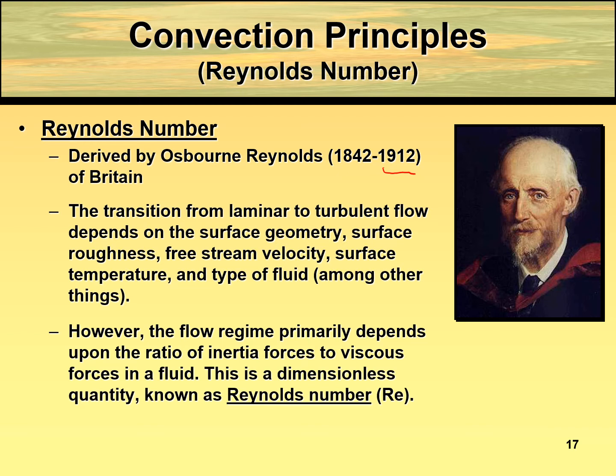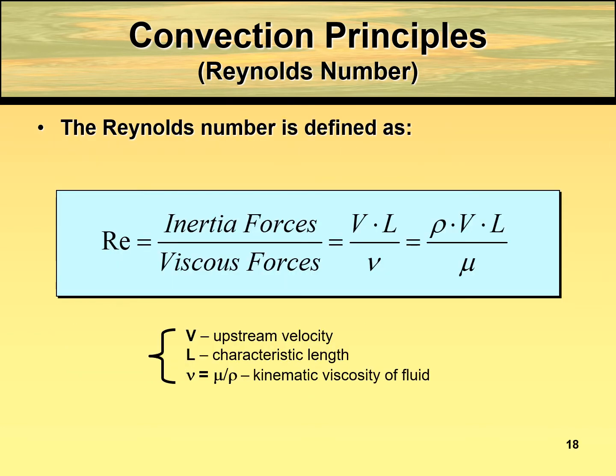However, the flow regime primarily depends upon the ratio of inertial forces to viscous forces in a fluid. This is a dimensionless quantity described by the Reynolds number. The Reynolds number gives you the ratio between the inertial forces and the viscous forces, where Re equals VL divided by nu, or rho VL divided by mu.